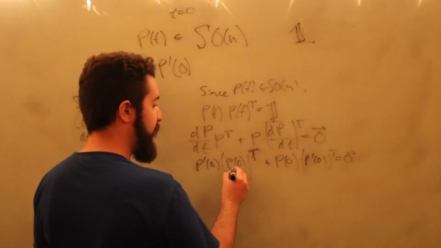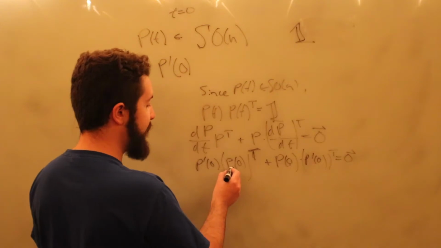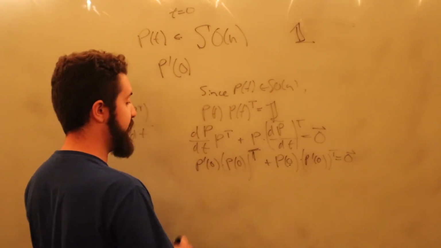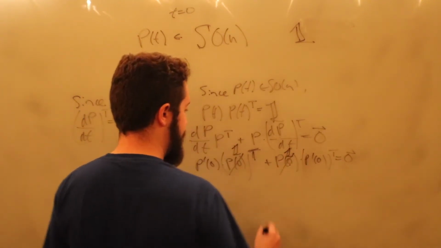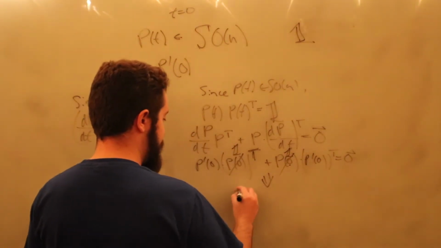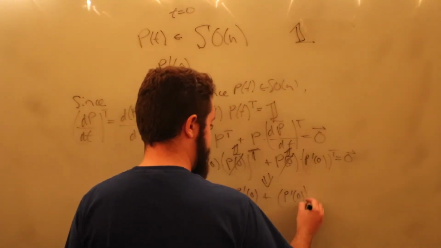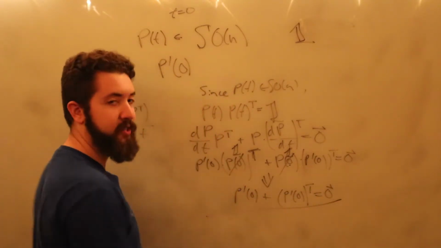But I told you that P(0) is equal to the identity, because this path is passing through the identity matrix at time 0. So this is just the identity, this is just the identity, and what we're going to get is that P'(0) plus P'(0) transpose has to be equal to the 0 matrix.